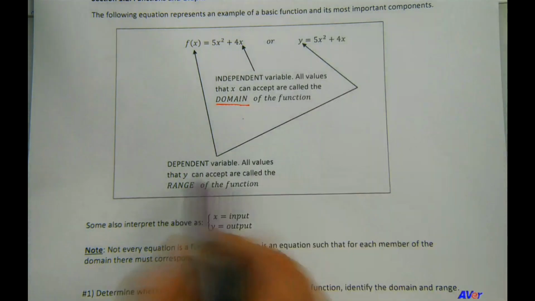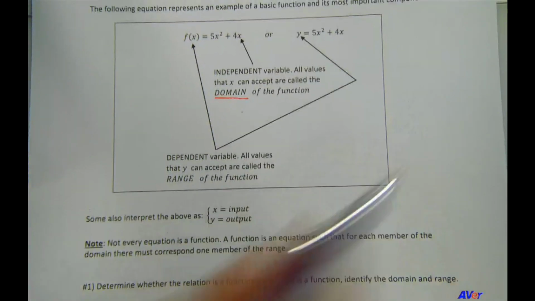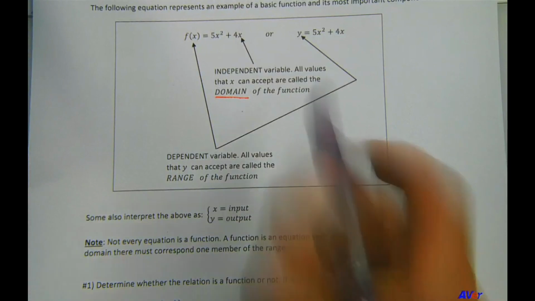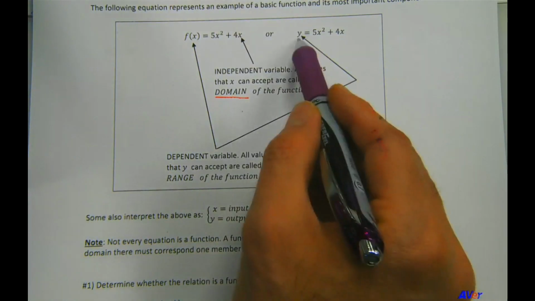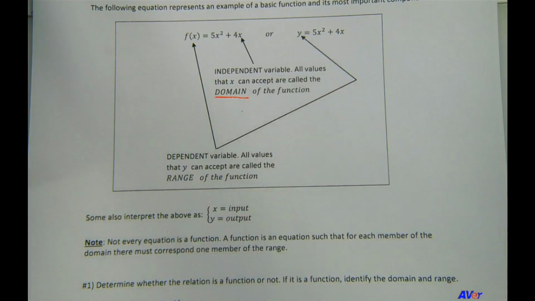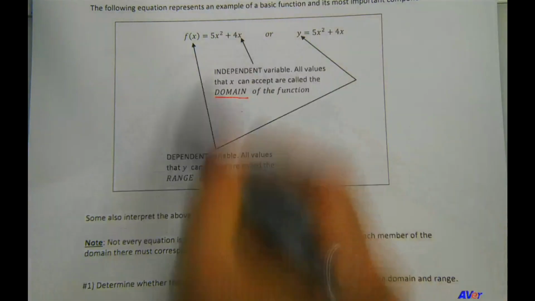Range: y is the dependent variable, and all values that it can take are part of what we call the range of a function. Okay? So please make sure that you carefully read this diagram and understand what it's saying.